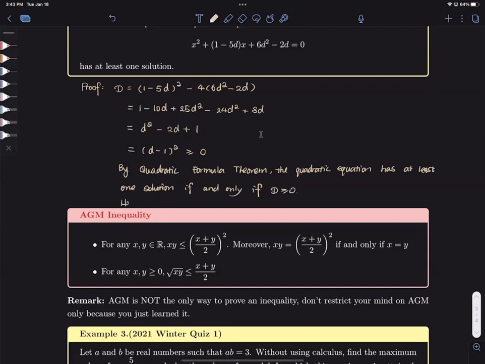So hence my equation has at least one solution. Okay, so that's the end of the proof.